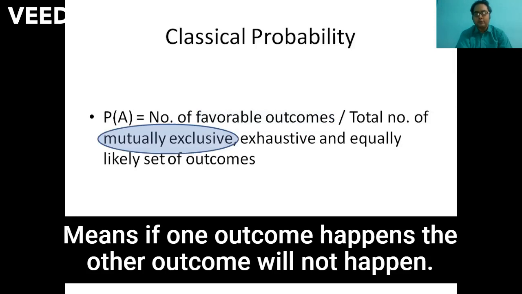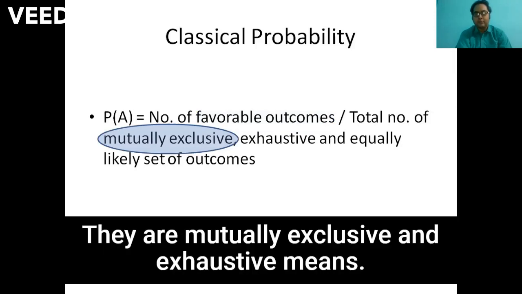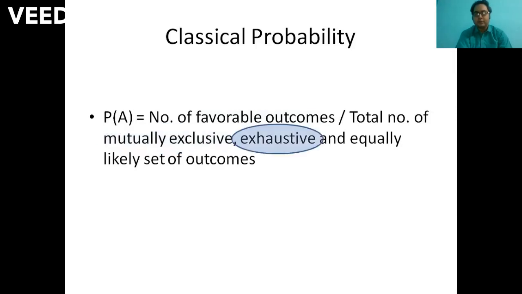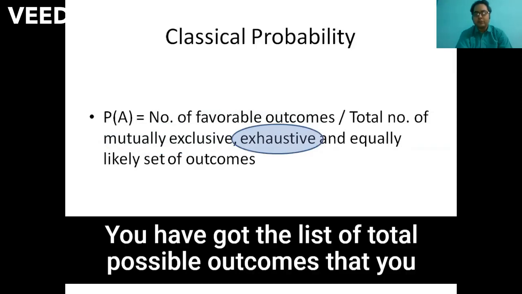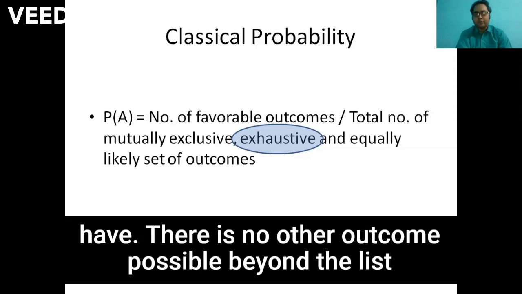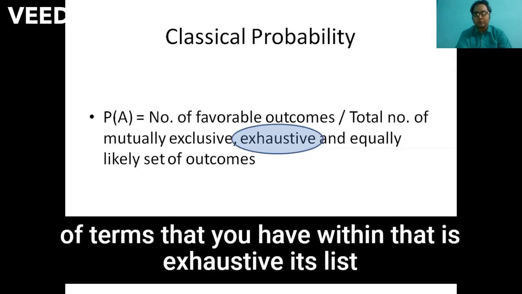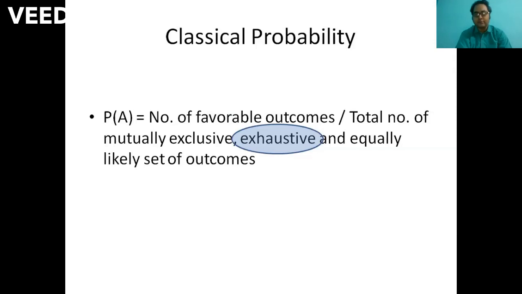Means if one outcome happens, the other outcome will not happen. They are mutually exclusive. And exhaustive means you have got the list of total possible outcomes that you have. There is no other outcome possible beyond the list of outcomes that you have with you. That is exhaustive list of outcomes. So this is the definition of classical probability.